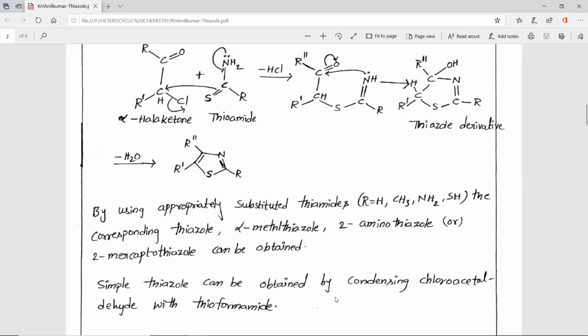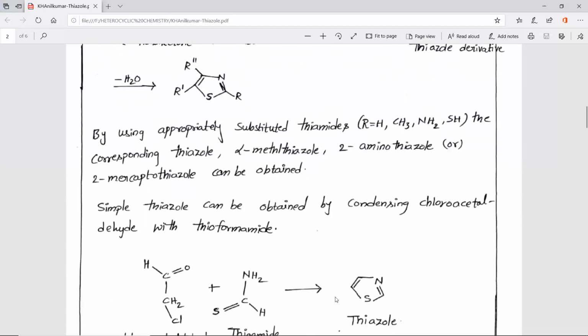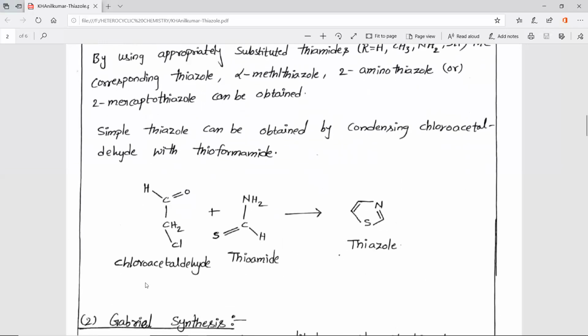So simple thiazole can be prepared by condensing chloroacetaldehyde with thioformamide. Chloroacetaldehyde has no substituents at this carbon and this carbon atom, and similarly no substituent at this carbon atom. So a simple alpha haloketone like chloroacetaldehyde reacts with thioamide to form the thiazole ring system.